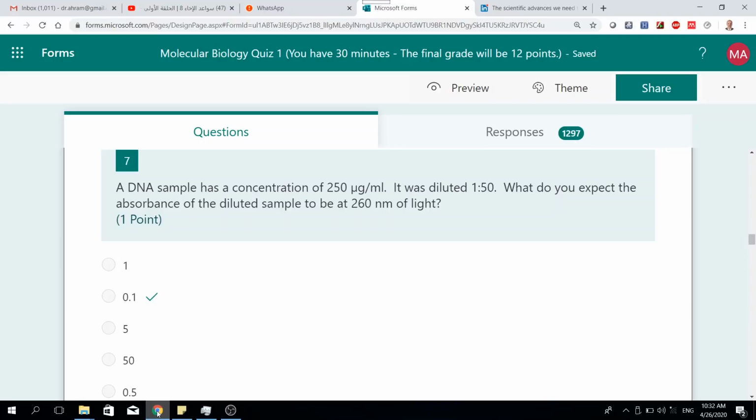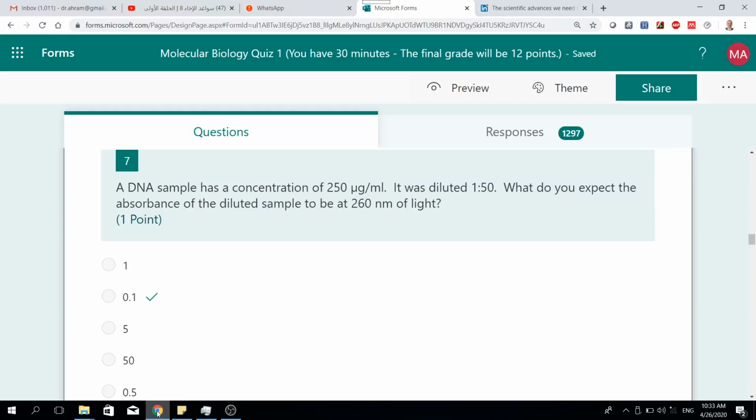It is 250 micrograms per ml. You diluted 1:50. So what is now the concentration of the diluted sample? It's 5 micrograms per ml.